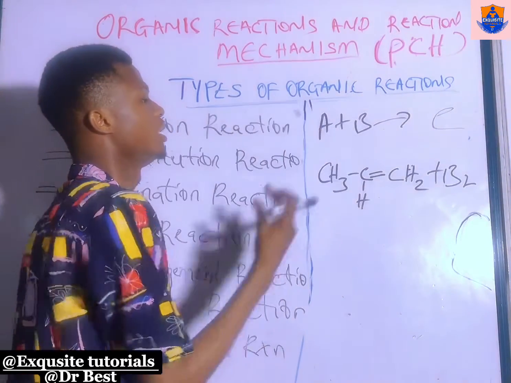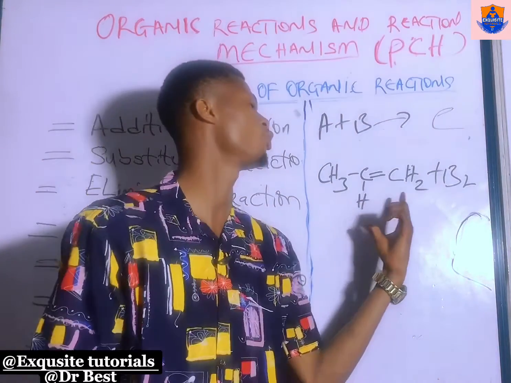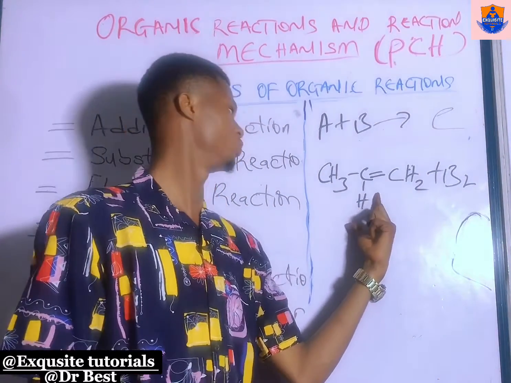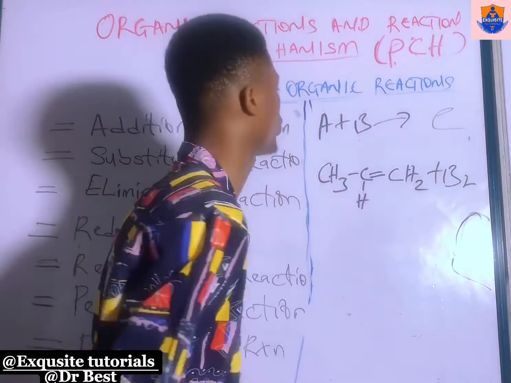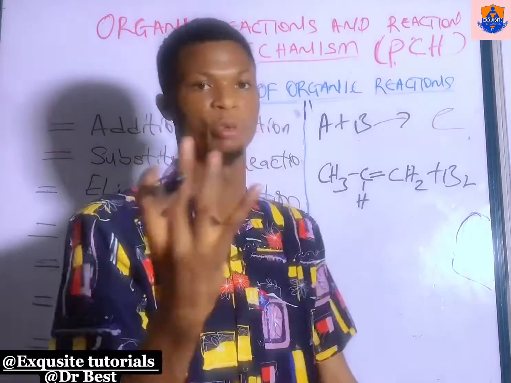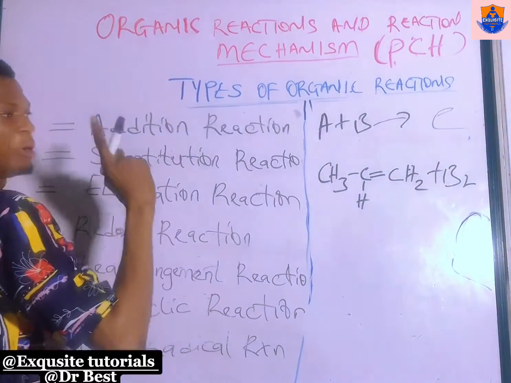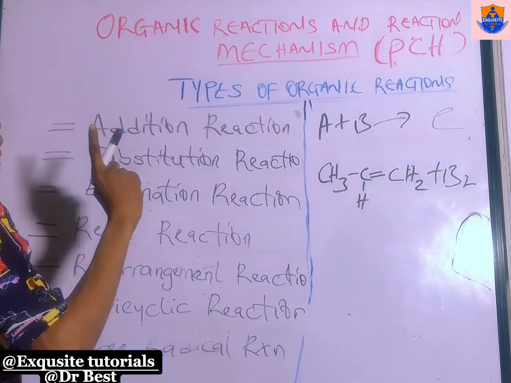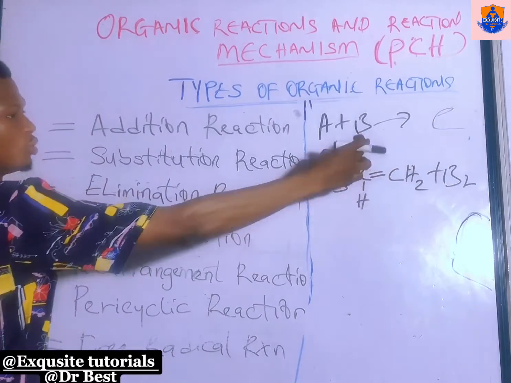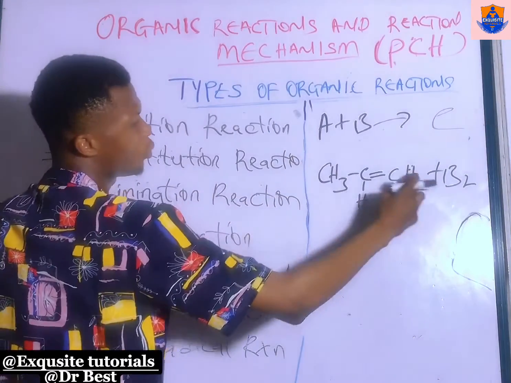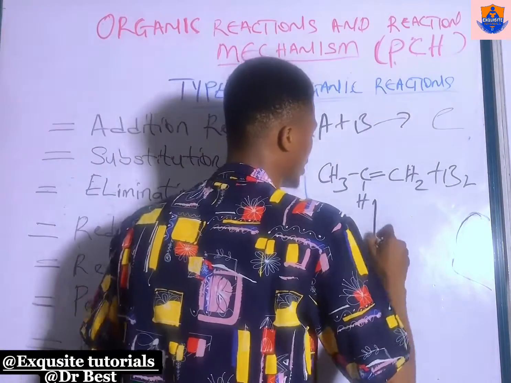The presence of this double bond gives room for you to bring in another atom to make this saturated. So addition reaction is only possible where there is either a double or a triple bond. Remember, each bond is equal to 2 electrons. If this bond is broken, you can bring in atoms to fill in. So you're going to bring in atoms that will break this bond and form another compound. So this is an addition reaction.